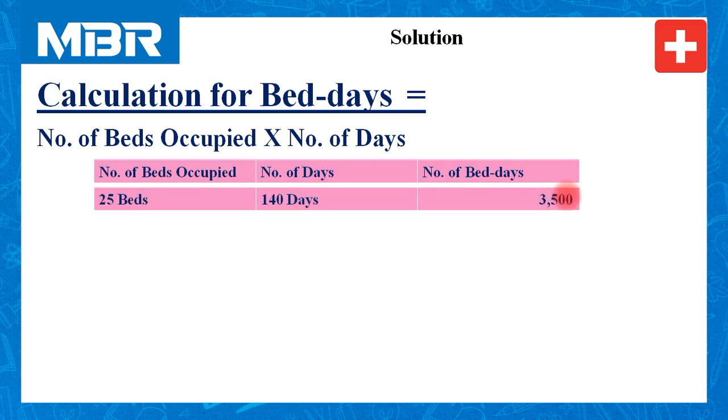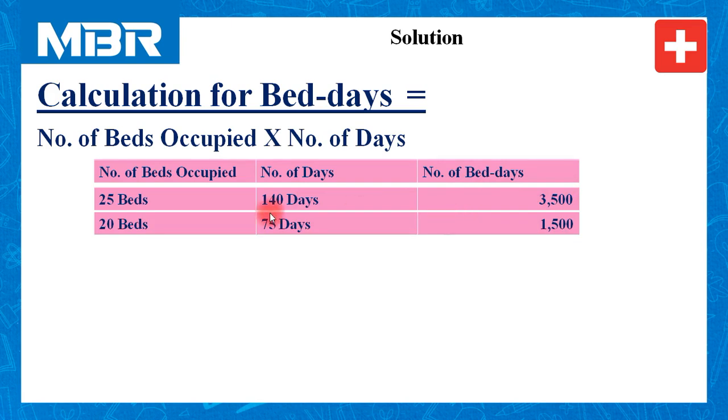As per the information given in our question, information number 1: for 140 days in the year, 25 beds were occupied. So 25 beds multiplied by 140 days is equal to 3,500 bed days.